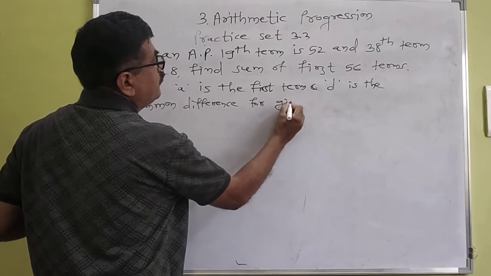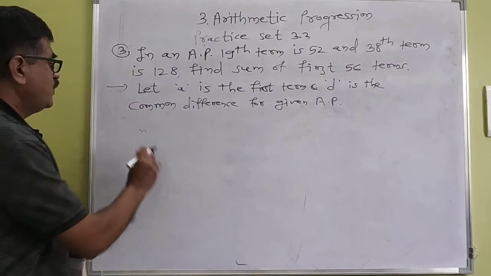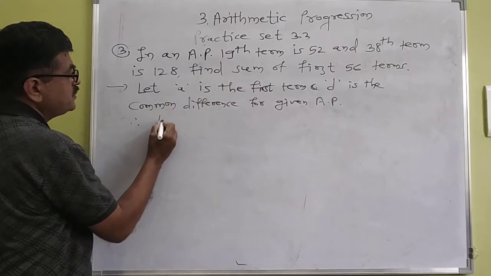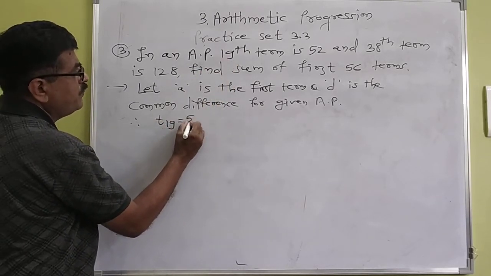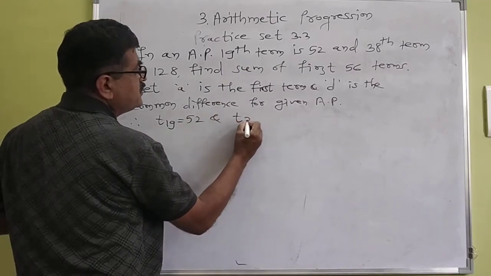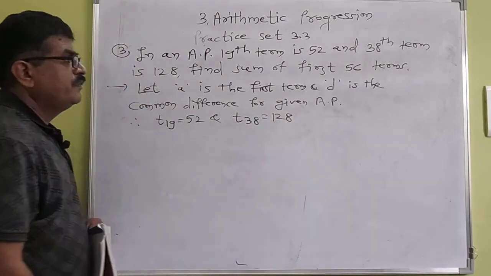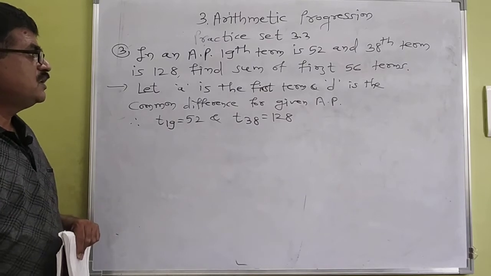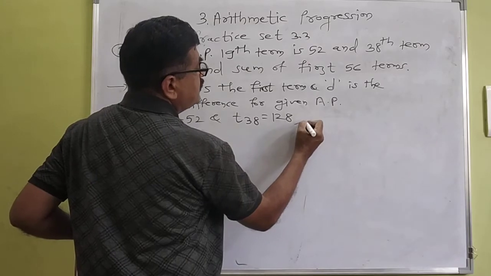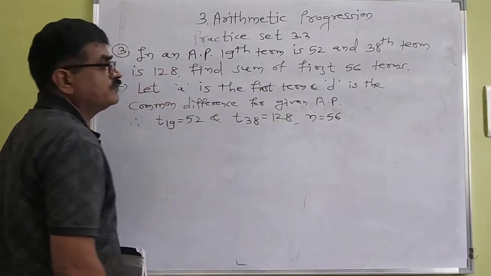We have been given two terms, T19 is equal to 52 and T38 is equal to 128. We have to find the sum of 56 terms, that is, n is equal to 56.